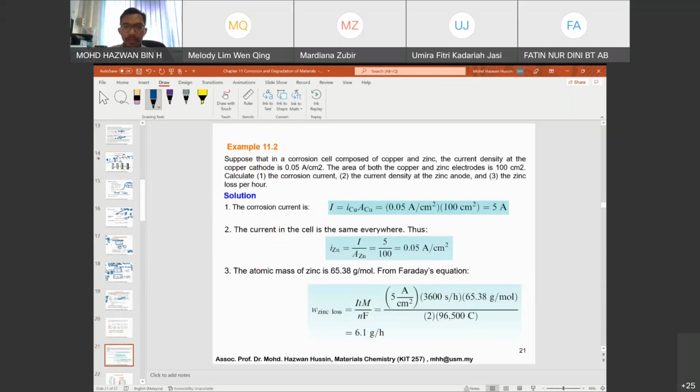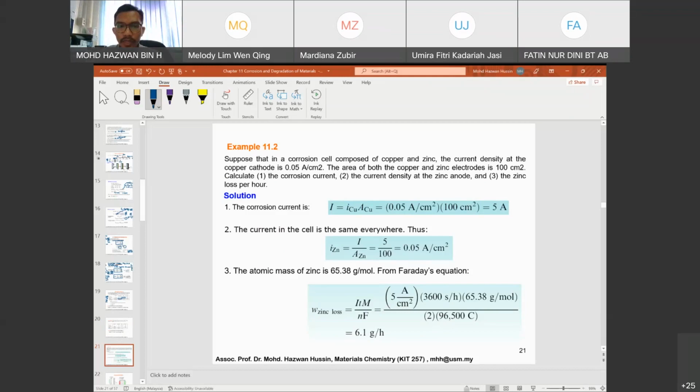We are going to look at a few examples. The first one: suppose that a cell is composed of copper and zinc. The current density at the copper electrode is 0.05 amperes over centimeter square. The area of both copper and zinc electrodes is equal to 100 centimeters square.